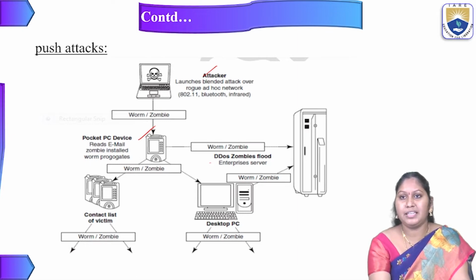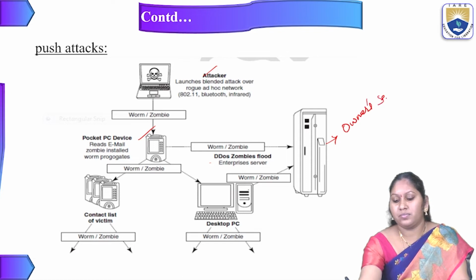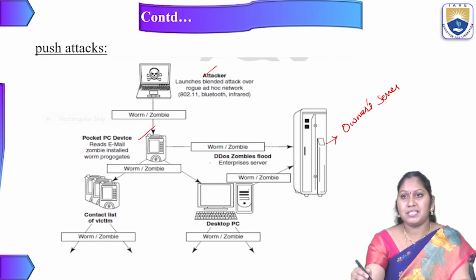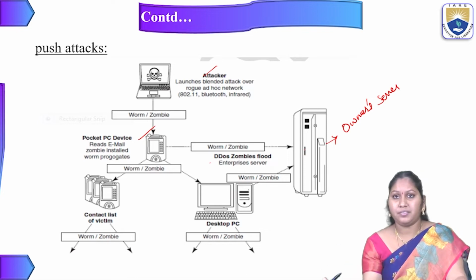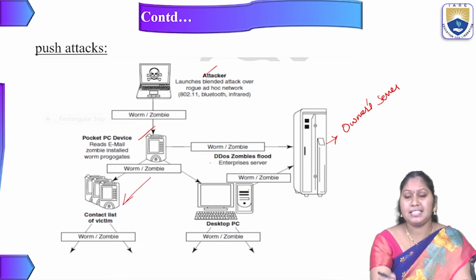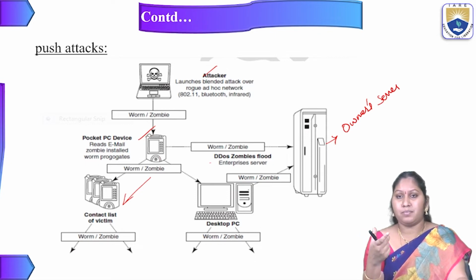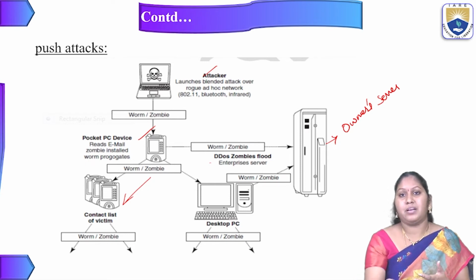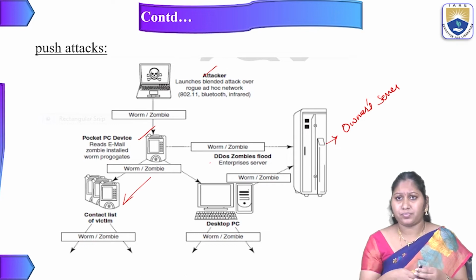Through this DDoS zombies flood, it will attack the enterprise server, the owner's server, and spread to the owner's desktop PC connected to that server, and to the contact list in that pocket PC device, going to every contact of the victim and attacking every contact person in that list.